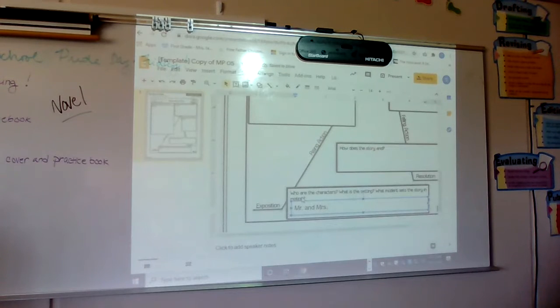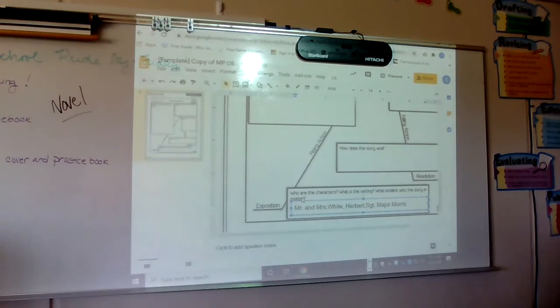I'm going to make this font smaller, I think. Herbert, the son, and who else? Who's the mysterious man? Sergeant Major Morris. Okay. So those are our characters.